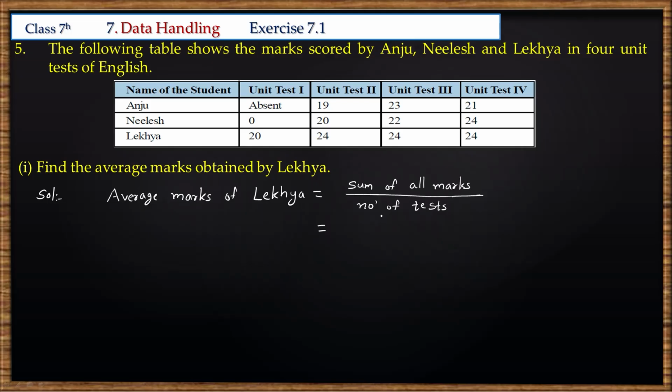That is equal to the sum of the marks of Lekhya, 20 plus 24 plus 24 plus 24, divided by 4. That is equal to, this total marks of Lekhya will become 92 divided by 4. 4 2s are 8, 4 3s are 12. So 23 marks.